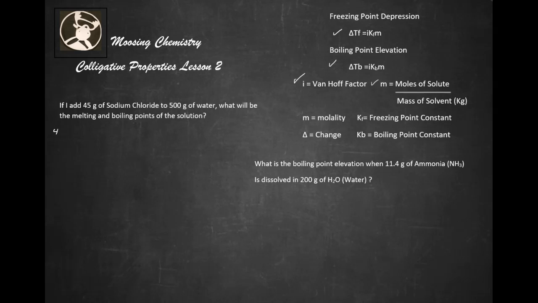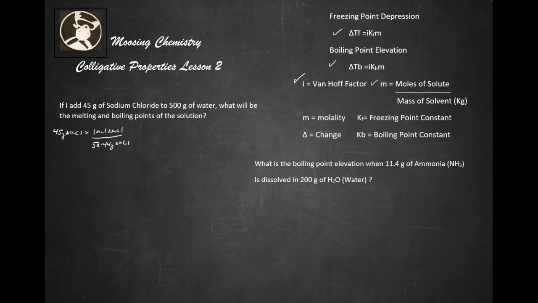So we go 45 grams of NaCl times 1 mole of NaCl divided by 58.44 grams of NaCl.